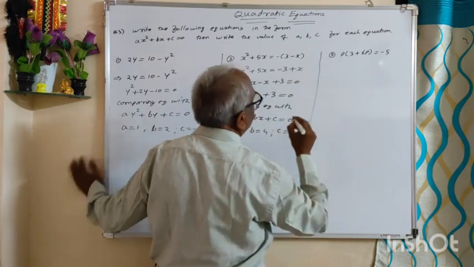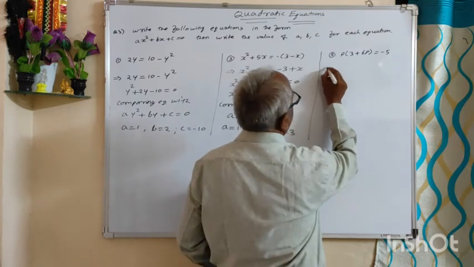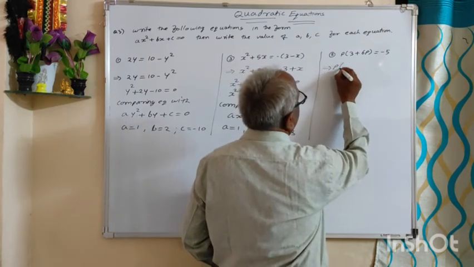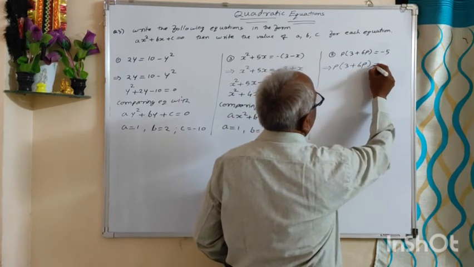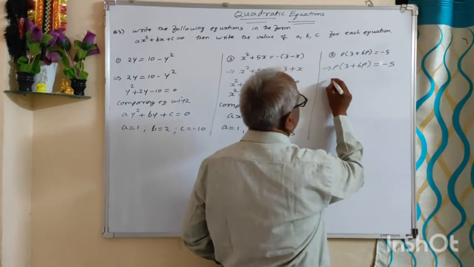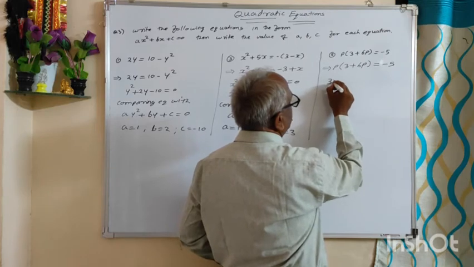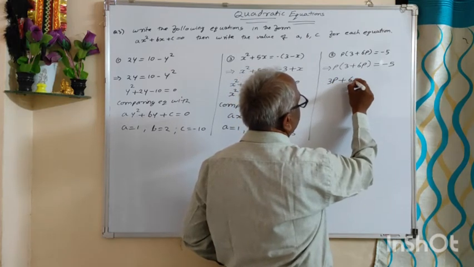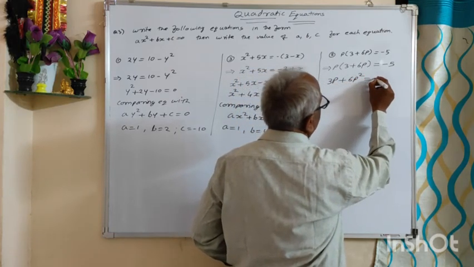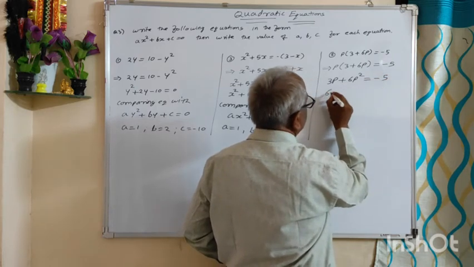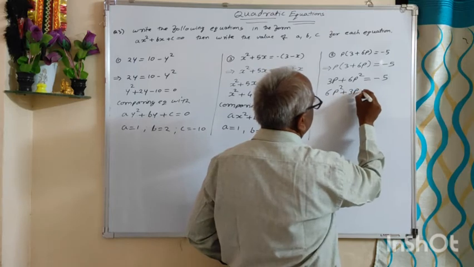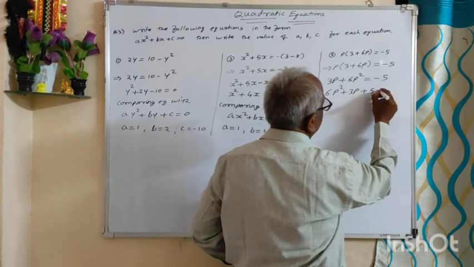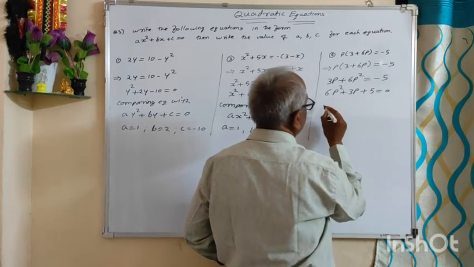Fifth example, p in bracket 3 plus 6p bracket complete is equal to minus 5. Solve the bracket, that is 3p plus 6p square is equal to minus 5. That is 6p square plus 3p plus 5 is equal to 0.